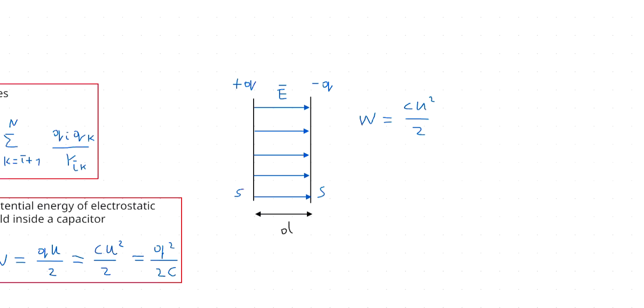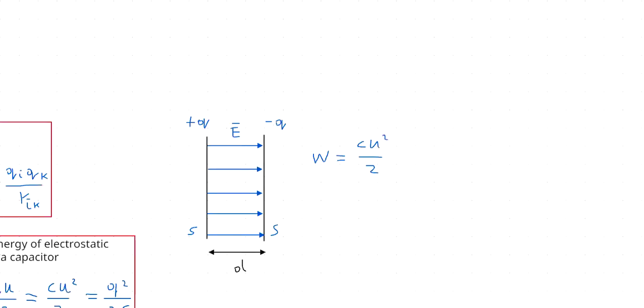But from our previous lecture, we remember that the capacitance of a parallel plate capacitor is equal to epsilon 0 S divided by the plate separation, and the potential difference for a parallel plate capacitor is equal to the absolute value of the electric field intensity vector multiplied by the plate separation.